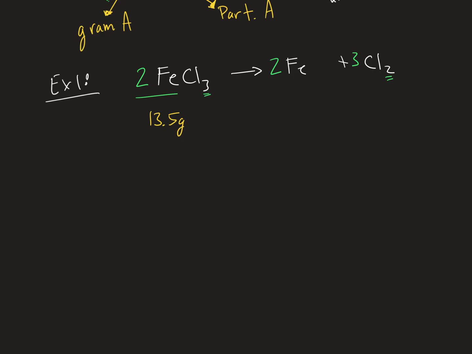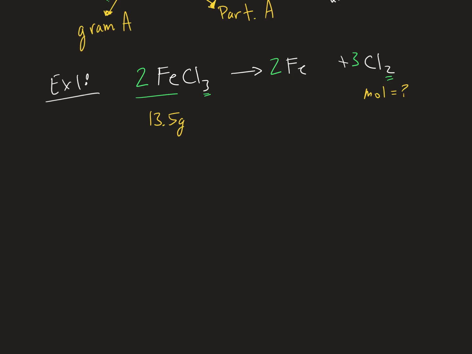I just write, okay, I have 13.5 moles of the substance that I put it under. This is the way I do it. You do not have to do it this way. Just saves me some writing. That's all. Okay? And I want to know how many moles of Cl2. So I put that question mark underneath what I'm looking for.